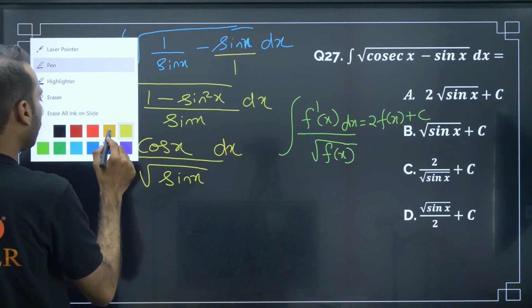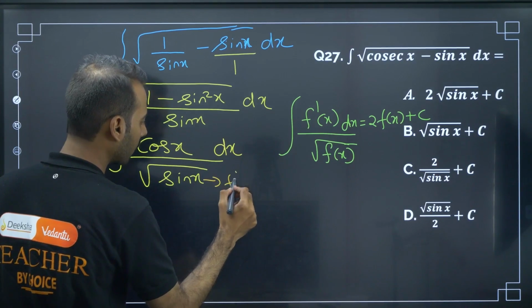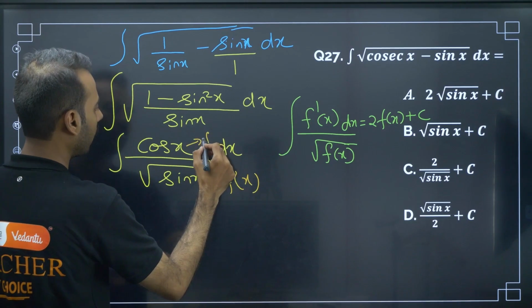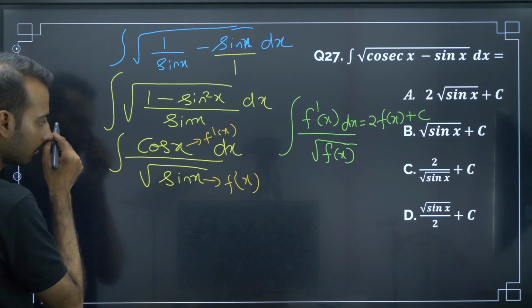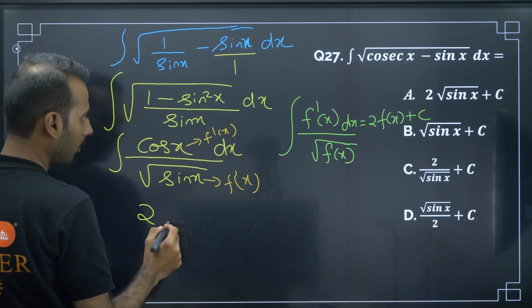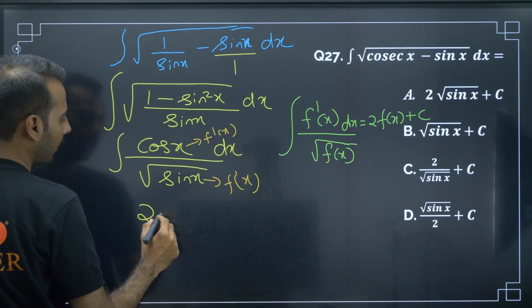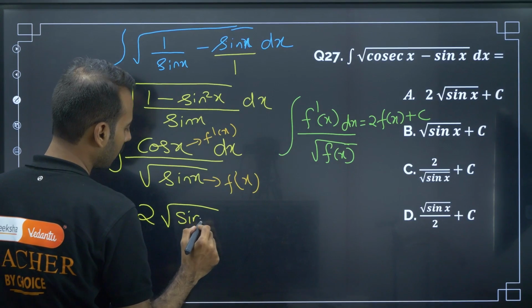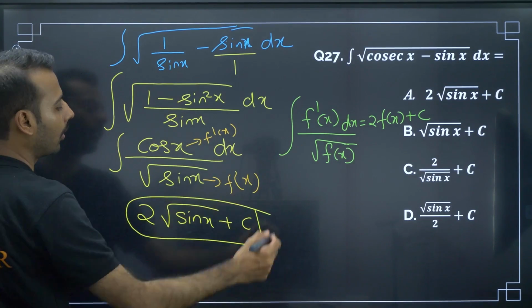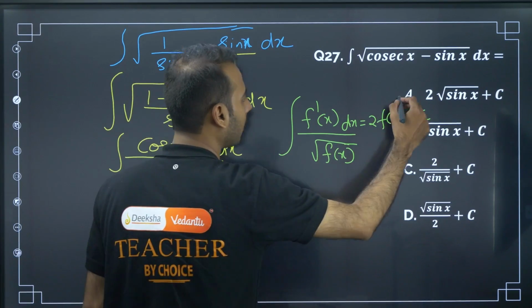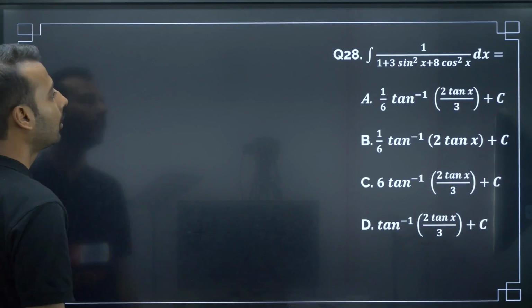After relating, you will find that this is f of x and this is f dash of x. So 2 root f of x, in place of f of x, root sin x. So very easy question if you know this formula. Is there any such option? 2 root sin x. A is the answer. Moving on to the next question.